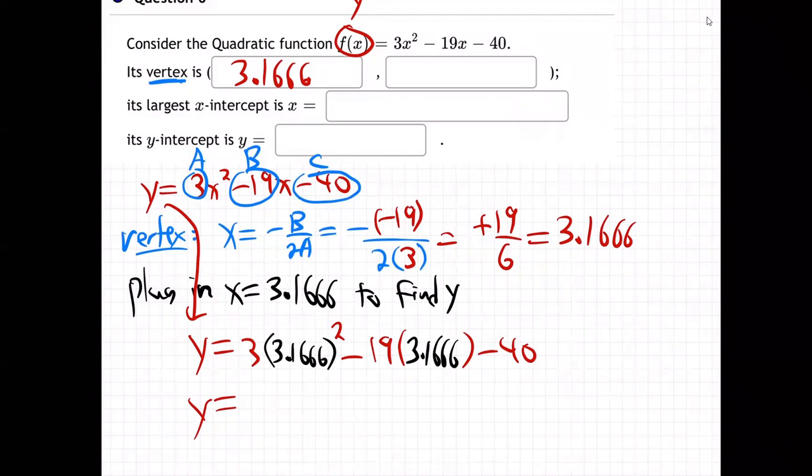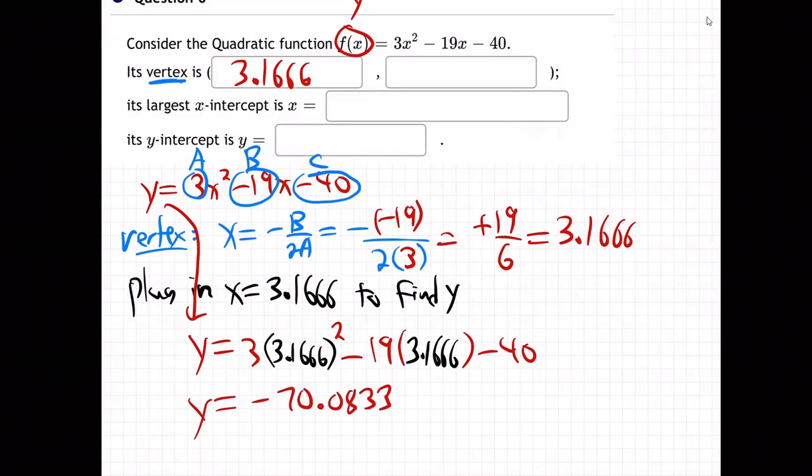So let's calculate. I'm going to hit the buttons on my calculator here. Calculate these numbers. And I'm getting negative 70.0833.